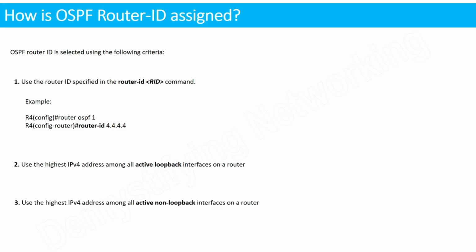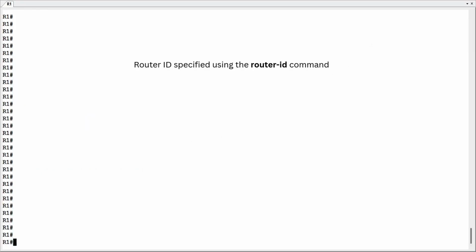In case there is neither router ID configured explicitly nor any active loopback interface exists on the router, the highest IPv4 address among all active non-loopback interfaces on a router is considered as the router ID. Now let's see how router ID is explicitly configured under router OSPF configuration mode.